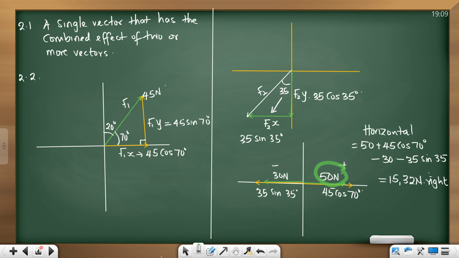Do you have 50 newtons? I do, yes, sir. Do you have 45 cos 70? Yes, sir. Do you have 30? Yes, sir. Do you have 35 sine 35? I have 30. I have 22 cos 55. Why 32?